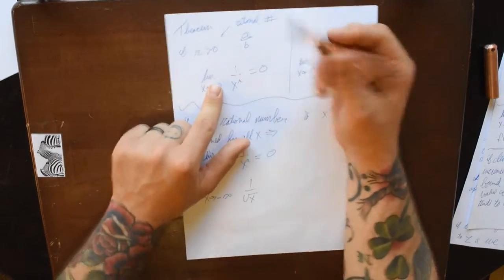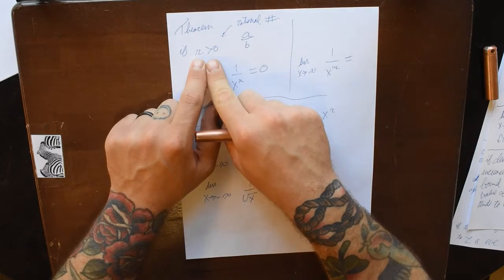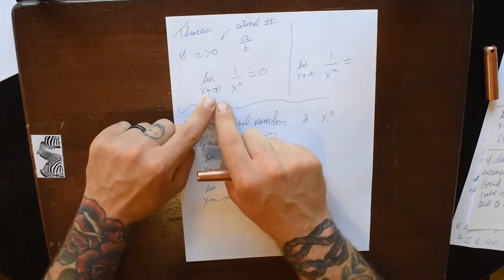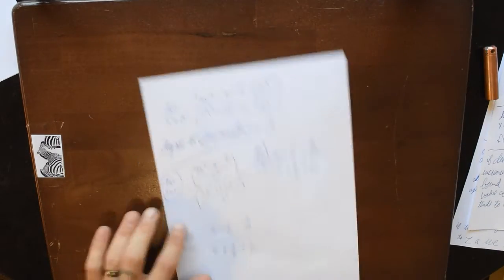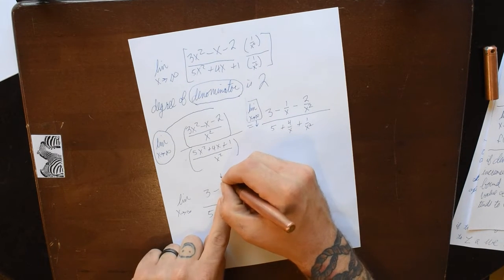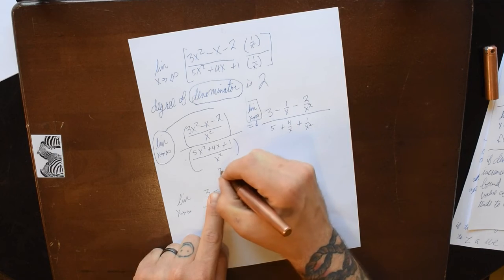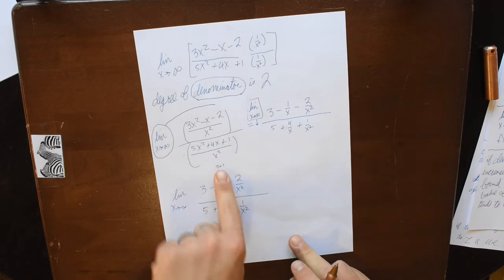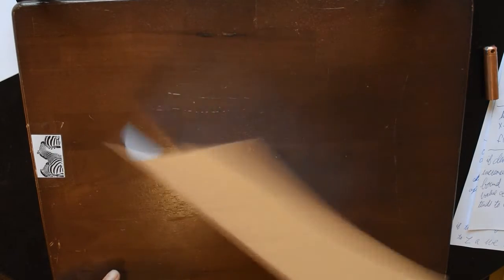The theorem says that if we have this rational number r and a limit going out to positive infinity, and right here, for this fraction, we have r being equal to 1. 1 is a rational number, so we can apply our theorem.